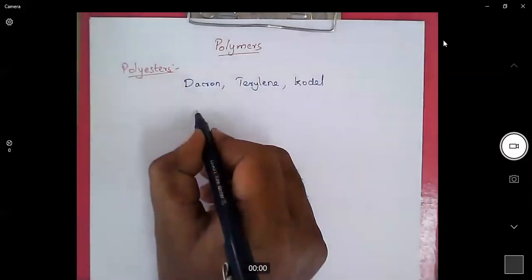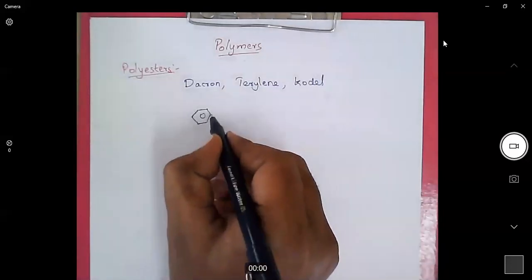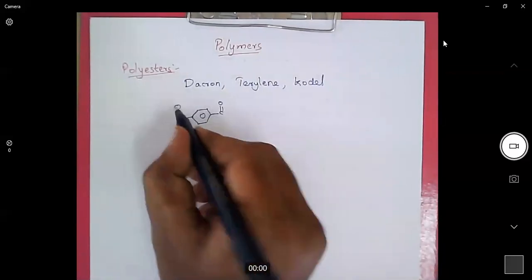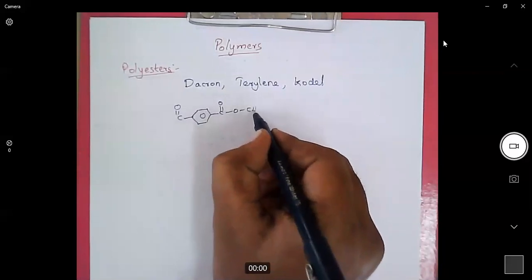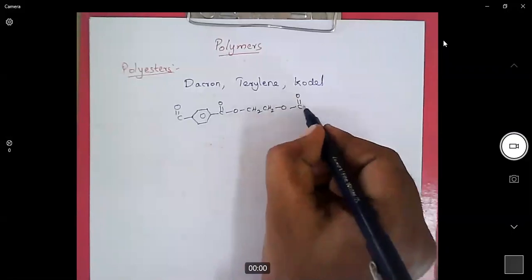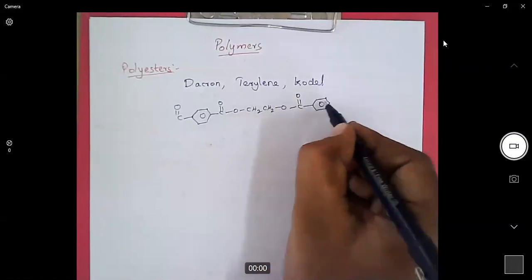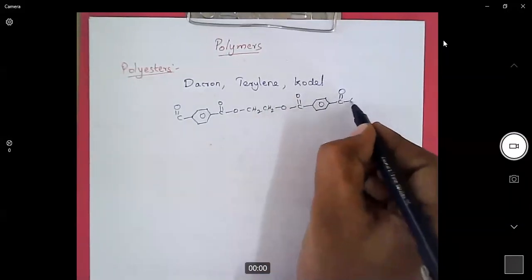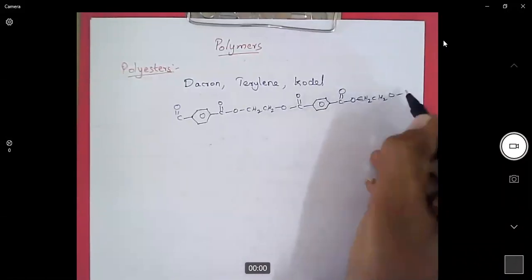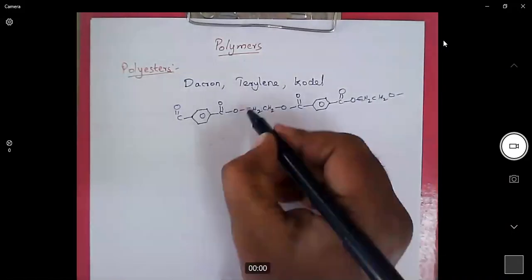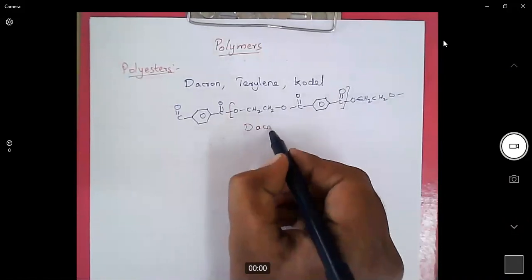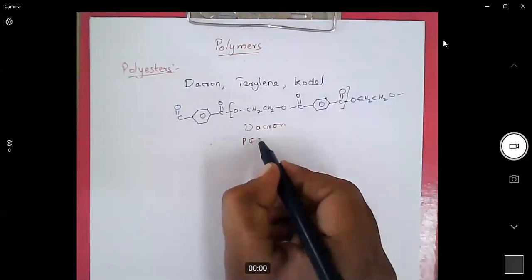Yesterday, we have seen the synthesis of Dacron. This polymer is called Dacron or PET.